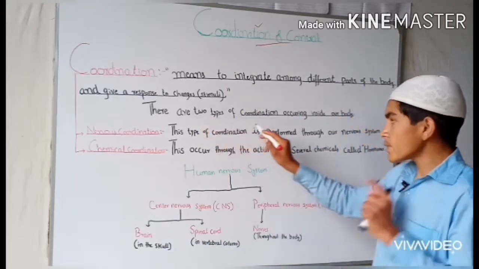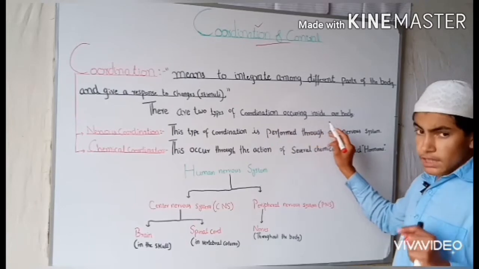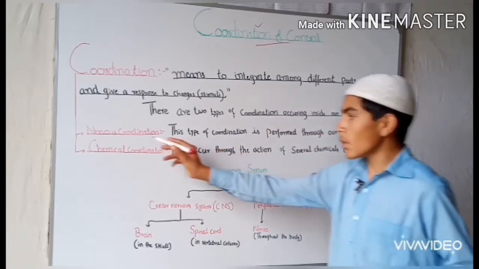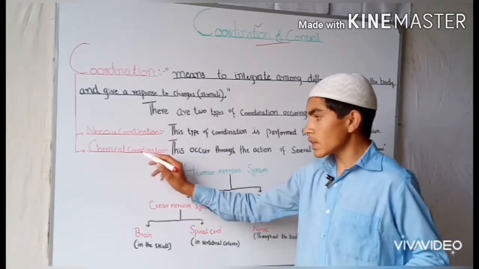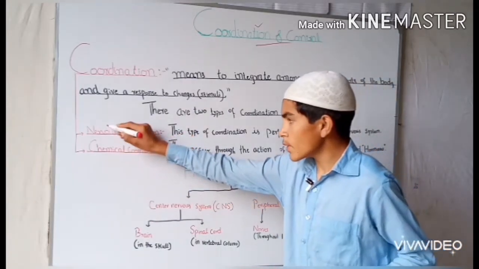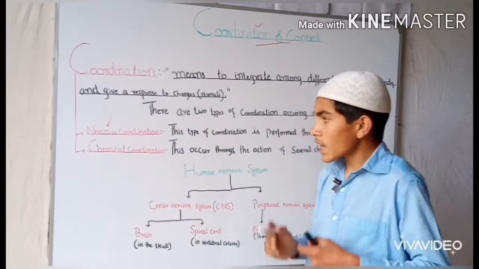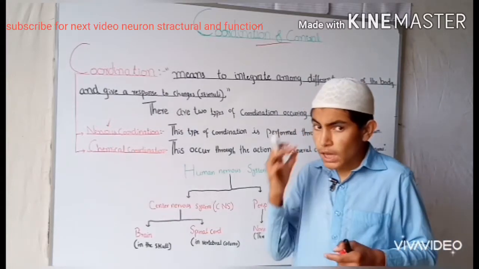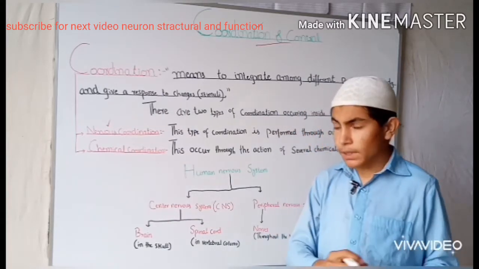There are two types of coordination occurring inside our body: nervous coordination and chemical coordination. Nervous coordination is related to its name, nervous. It involves our nervous system, which is our central nervous system and peripheral nervous system.